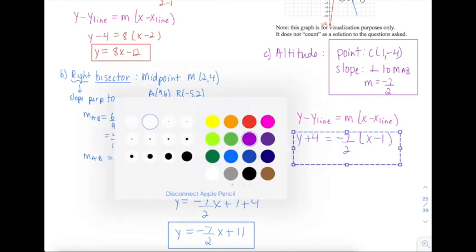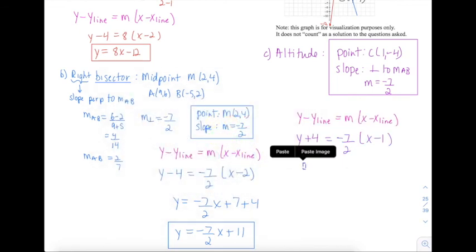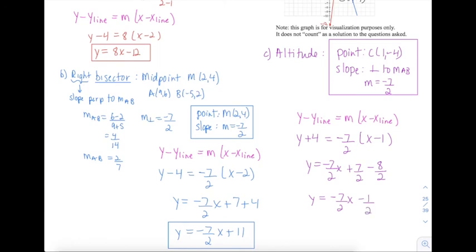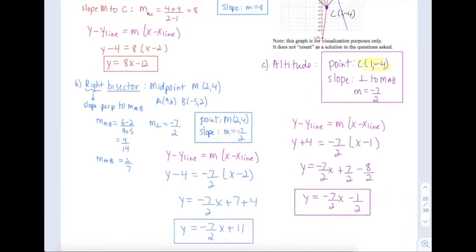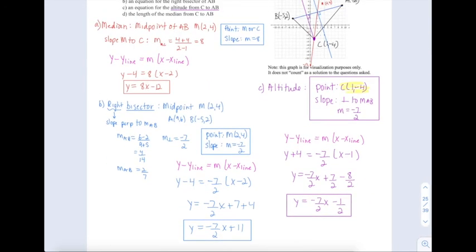So y equals negative 7 over 2 x plus 7 over 2 minus 4, and I'm going to write it as 8 over 2 as a common denominator. So I get y equals negative 7 over 2 x minus 1/2. Let's take a look at it and see if it works. Where did you get the positive 4 and negative 1? From right here. You have to take the negative of it. We're plugging in the point C.